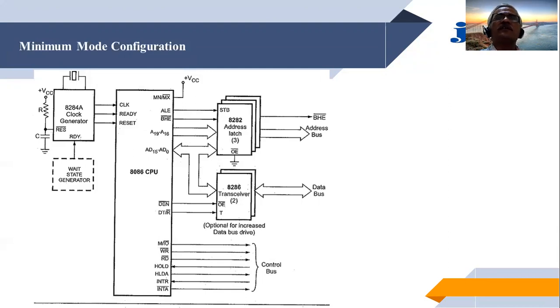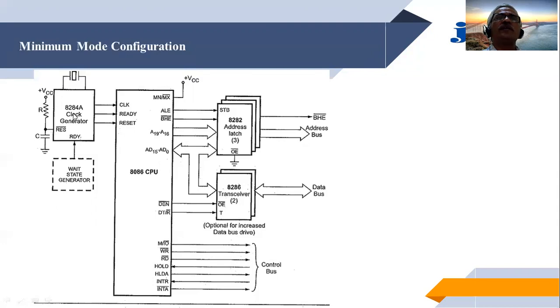To interface with the other devices such as the IOs and the memory, we require to latch or demultiplex the address in the data lines, for which we require the latches and the transceivers. Let's look at this figure very closely and see what these additional components are in the minimum mode. Let me first name these components and then go with the explanation.